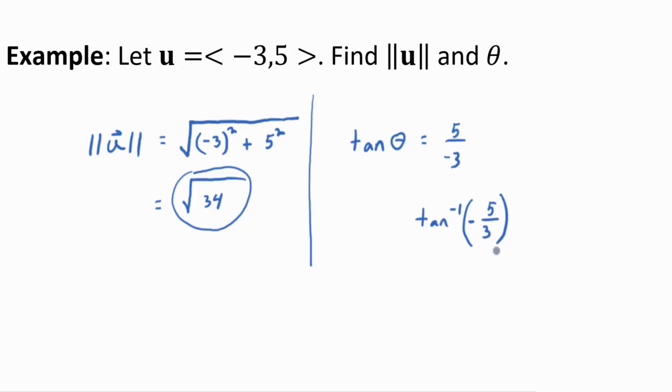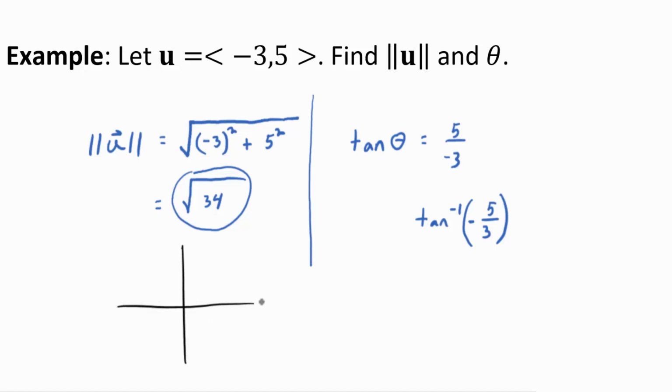What quadrant should our angle theta be in? If you graph, so again, you want to think of the tail of u as being at the origin, right? In this kind of scenario, when you're finding theta. So what quadrant would u equals negative 3, 5 be in? Remember, when it's in that sort of form with the tail at the origin, you just plot the point negative 3, 5, and then draw from the origin an arrow to that tip at the point negative 3, 5. So what quadrant is that in?